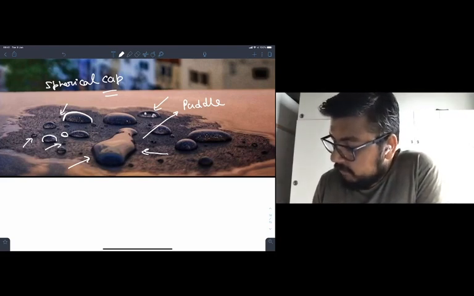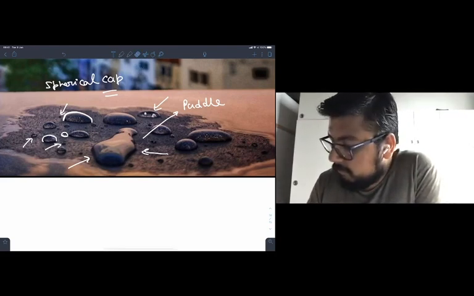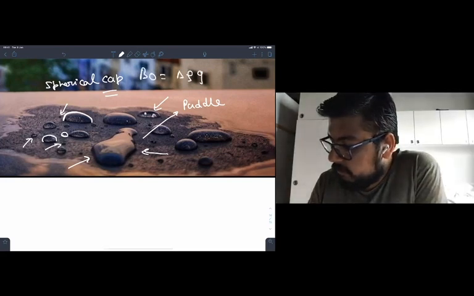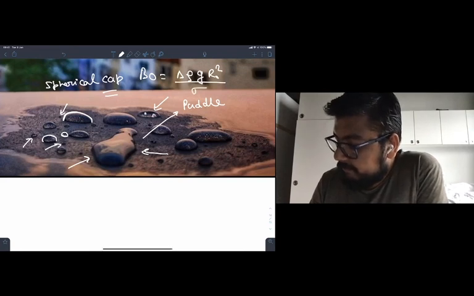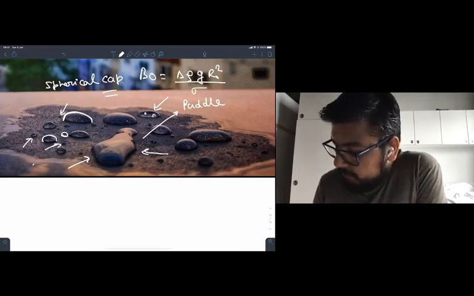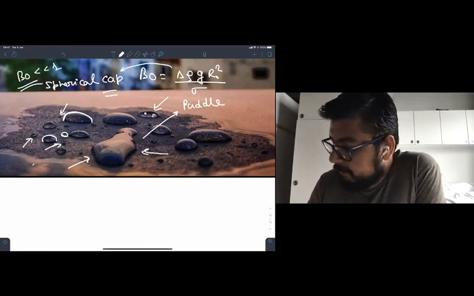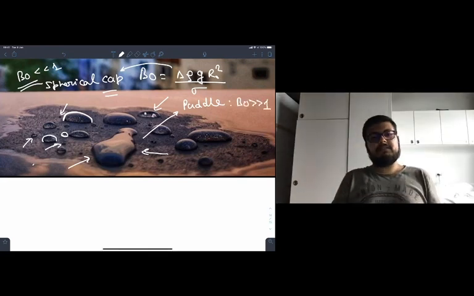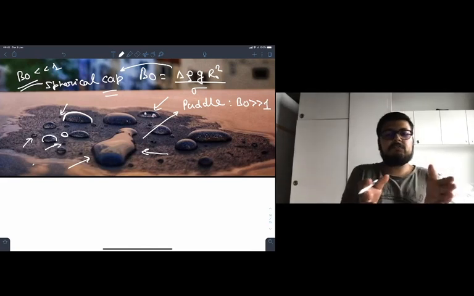In fact, if we calculate the Bond number, which is given by delta rho g r square by sigma, then the ones which show a spherical cap have a Bond number which is much smaller than 1, whereas in case of a puddle, we have a Bond number which is much greater than 1. So a puddle is a case where gravity wins.